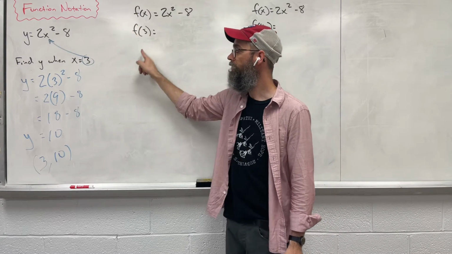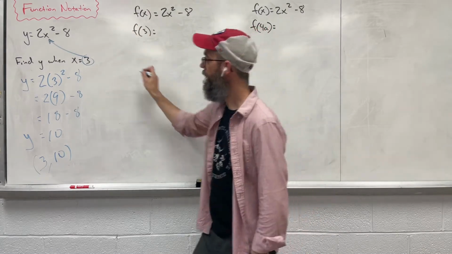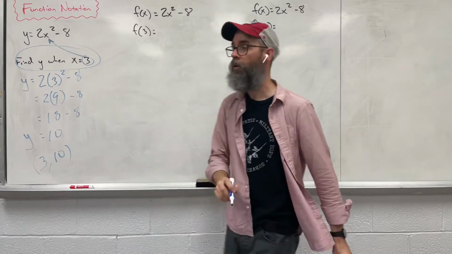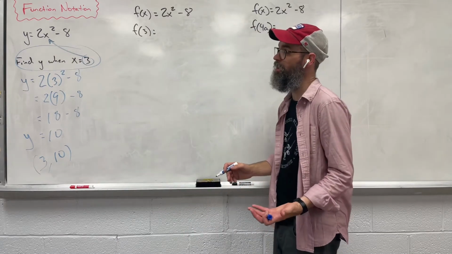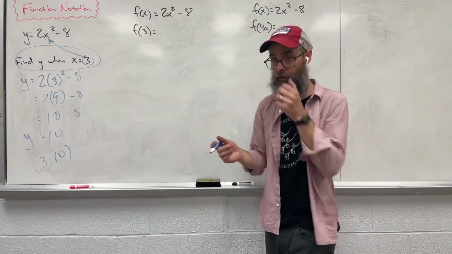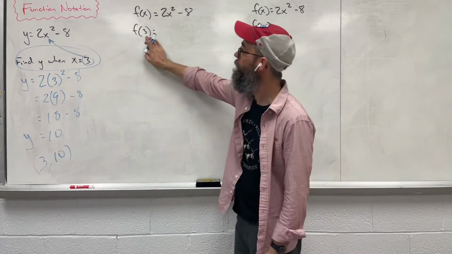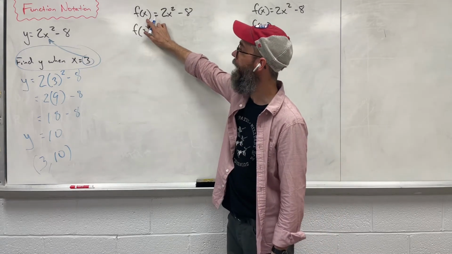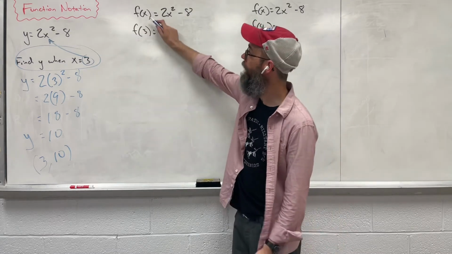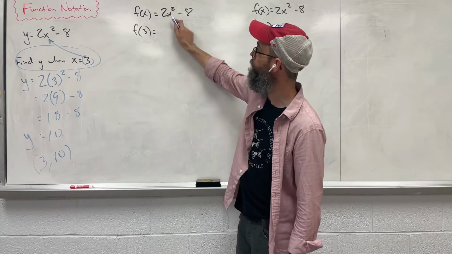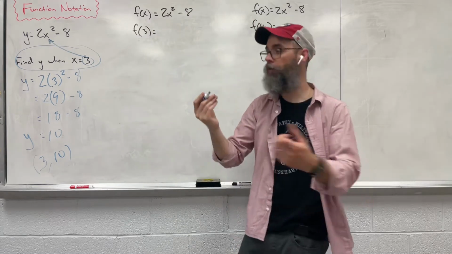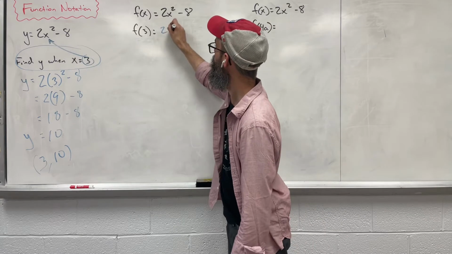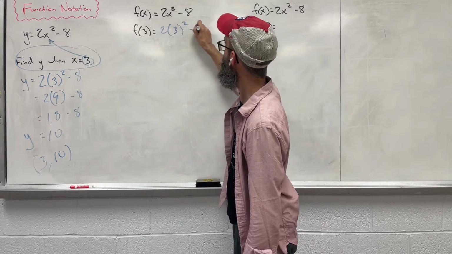This essentially is this. So all you need to do is say find y when x equals 3. So this 3 replaces that x. I want to replace every single x with 3, so that is also going to be a 3. So let's rewrite: 2, 3 squared minus 8.